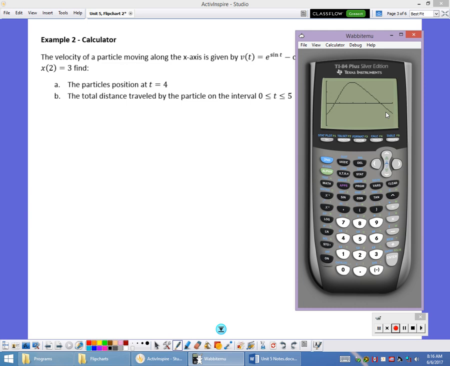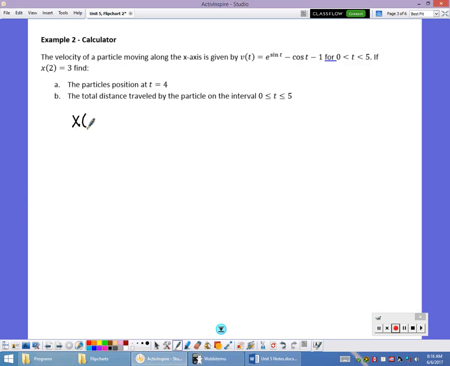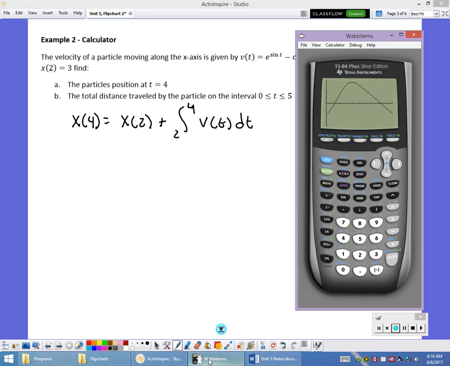Well, at t equals 4, x of 4 would be x of 2, which we know to be 3, plus the displacement between 2 and 4 of the velocity v of t. When you put that in your calculator, since you have it in y1, I would go ahead and bring it back. So quit out of this, and for x of 2 right here, I'm going to put in 3.